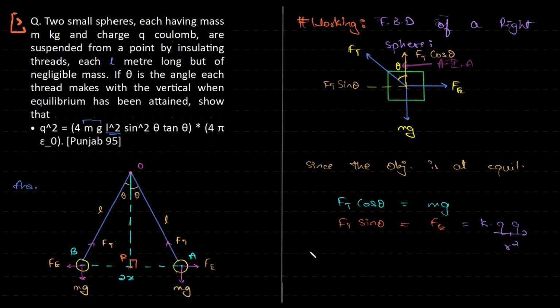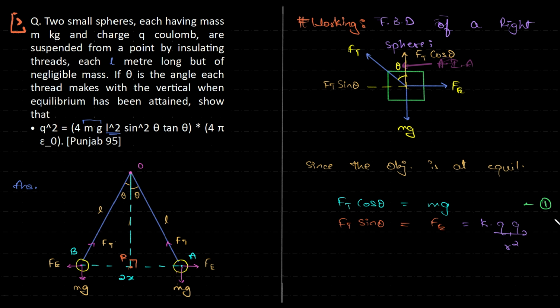Now what else can we write which is obvious? I think this is good enough. Okay, let's have a look. So what do we need? We need to somehow relate mg and all of this expression. How will we do that?